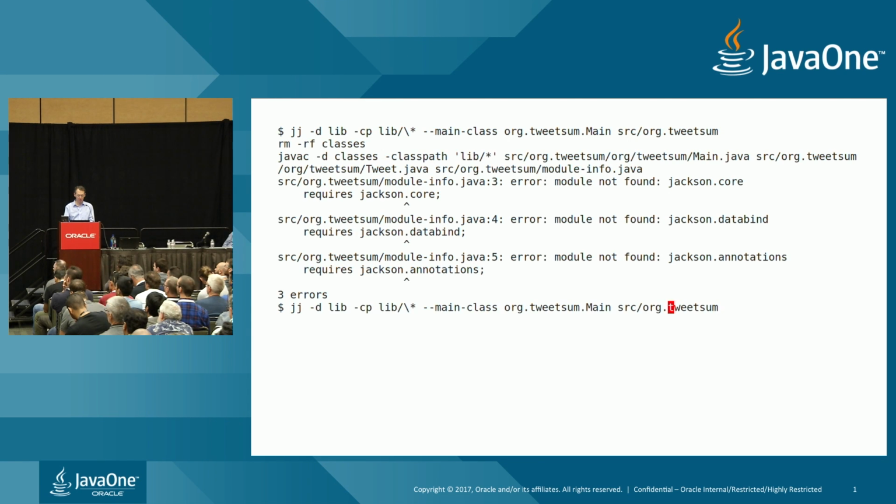Whoops. Right, when I compile it now, I need to tell the compiler, module path mlib, where my actual modules are. I'm actually going to put TweetSum into mlib as well.